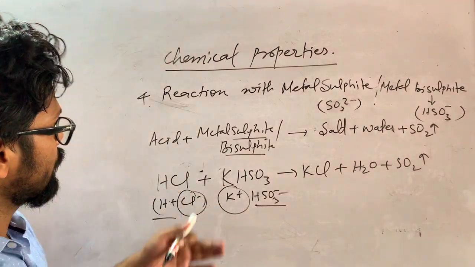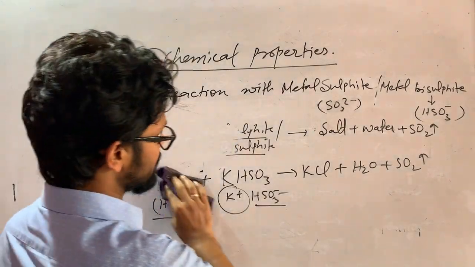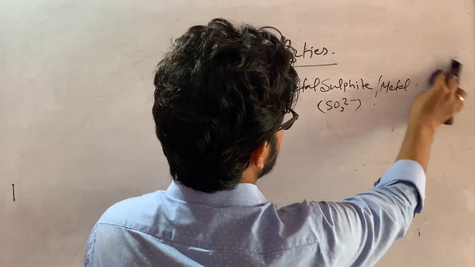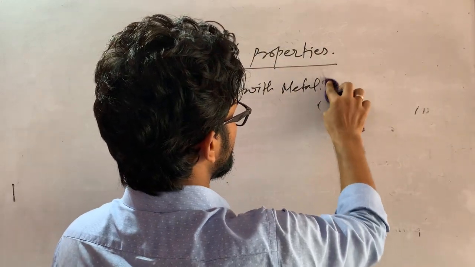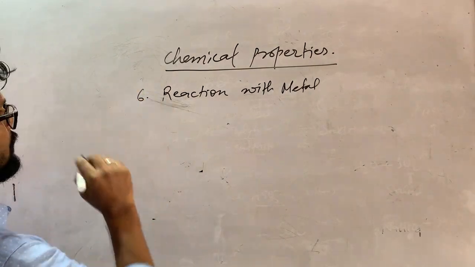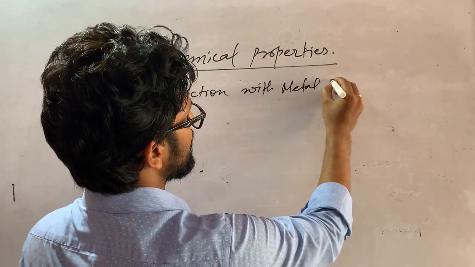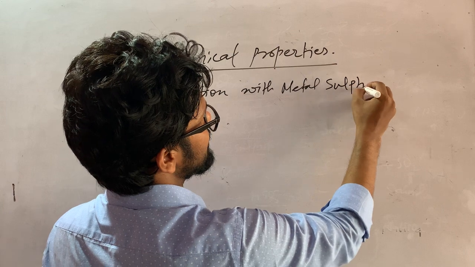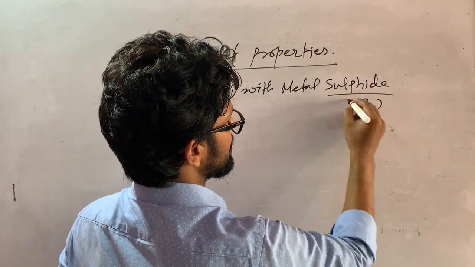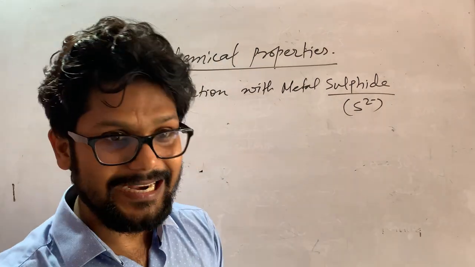Now we are moving to the next section, and that is also important, and that is reaction number 6, reaction with metal sulfide. Sulfide formula is S2 minus, it is a divalent radical.